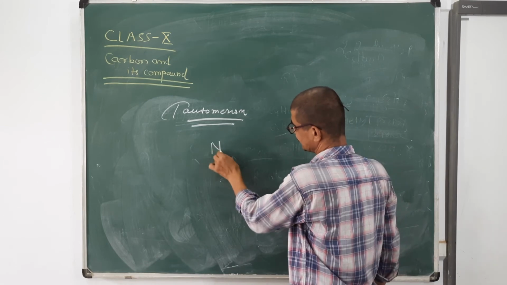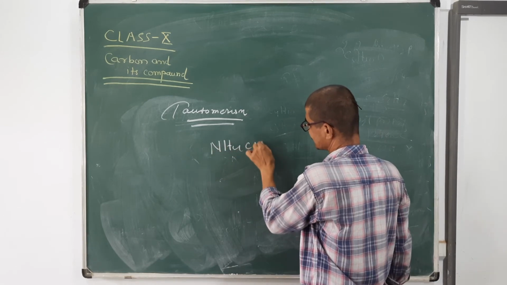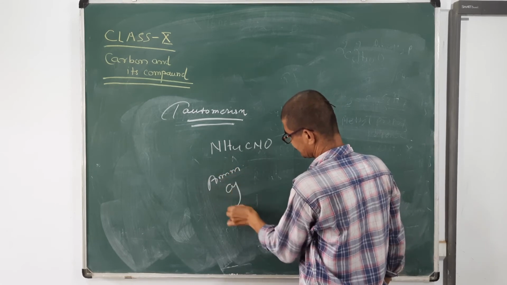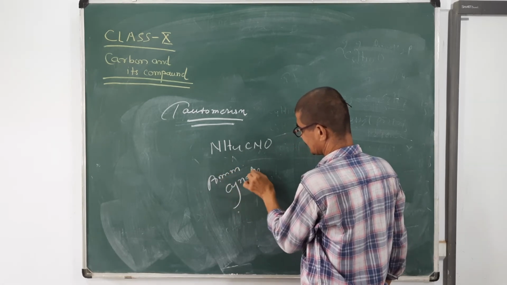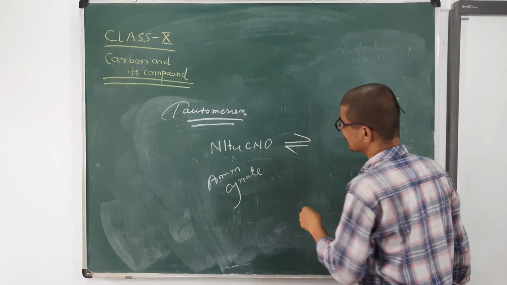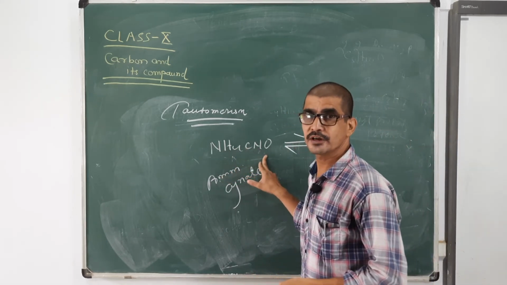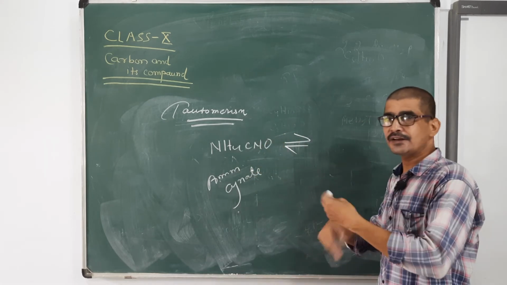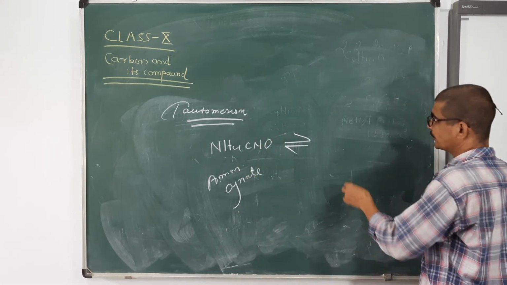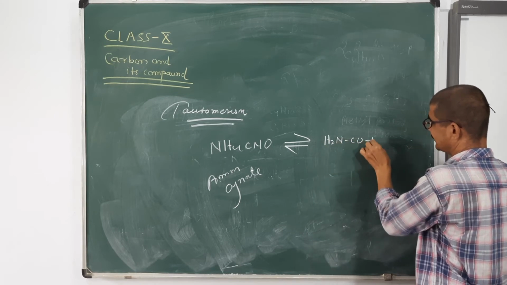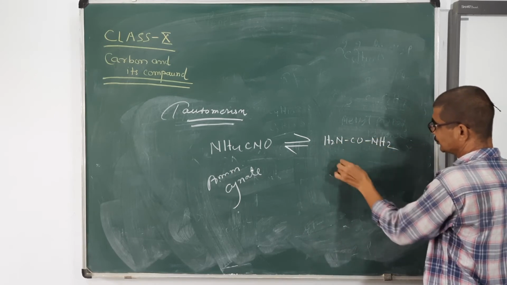For example, this is called ammonium cyanate. In ammonium cyanate, there are two nitrogen, 4 hydrogen, 1 carbon and 1 oxygen atom. So the atoms are rearranged to form a new compound, its name is urea.